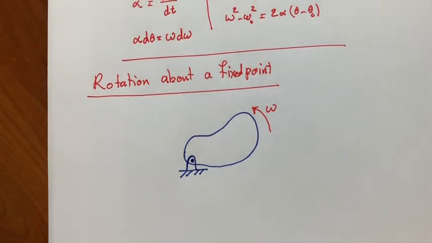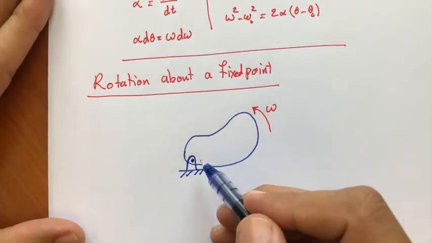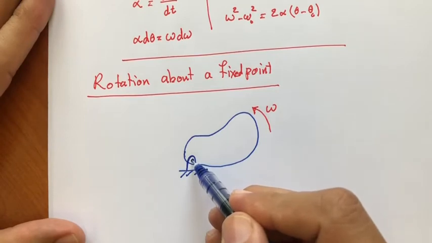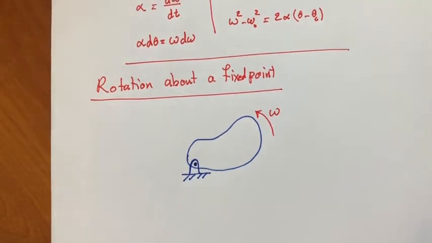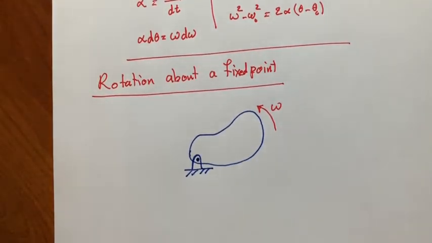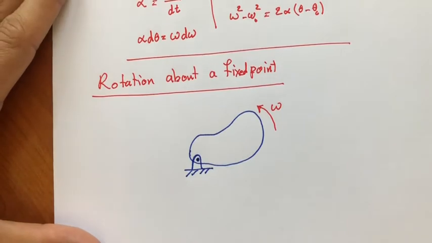So velocity of a rigid body by itself doesn't have any meaning unless we specify a point on it. For example, velocity of the centroid of it. Or for example, velocity of this point of the rigid body is 0 because it is pinned to the ground, right?